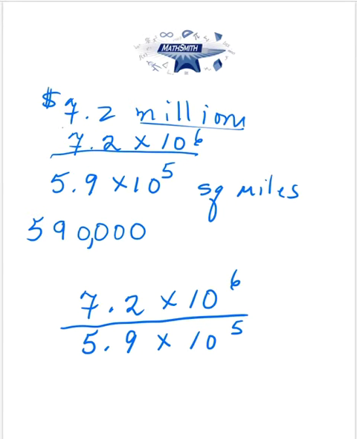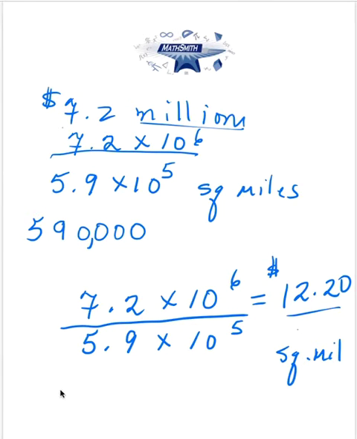This is coming out to be 12.2. And this is money, right, per square mile. This is $12.20 per square mile. My calculator is just giving it to me not in scientific notation.